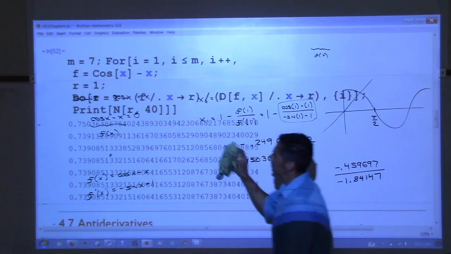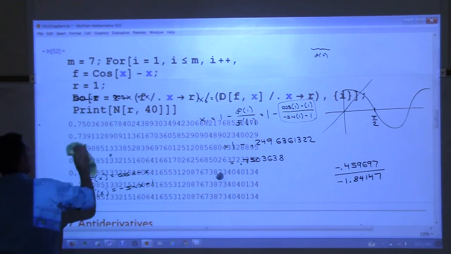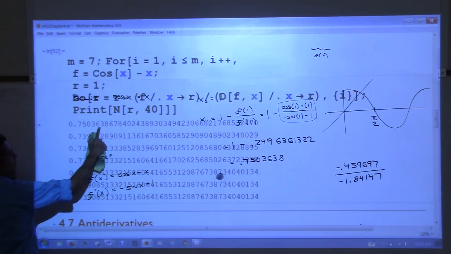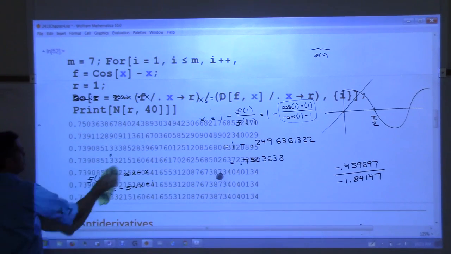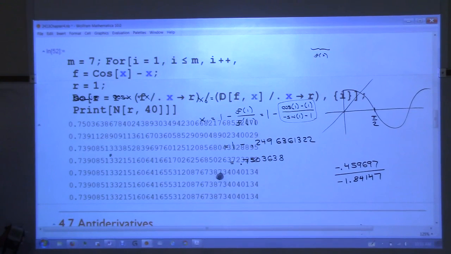We had 0.7503638, right? The next one changed. So it took 1 iteration, 2 iterations, 3. On the 4th one, you're going to have it, right? So it's going to take 4 iterations for you to see that there's no change in these first 4.